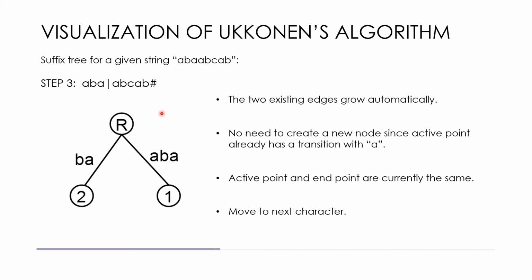Later on in this string we're going to have to make a split, and every time we have to make a split we're going to see how suffix links come into play, but this time we're simply extending the edge labels with the character a. We're also not creating any new nodes, and so at this point the active point and the endpoint are the same, and we move on to the next character.